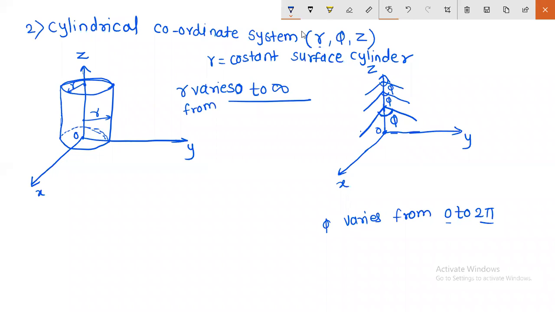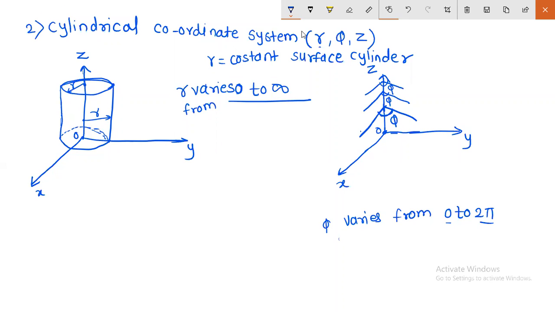Did you understand? Yes or no? Yes, ma'am. Okay, then how to find this angle? If we want to find the differential lengths, first take the r coordinate, that is the radius of the cylinder.